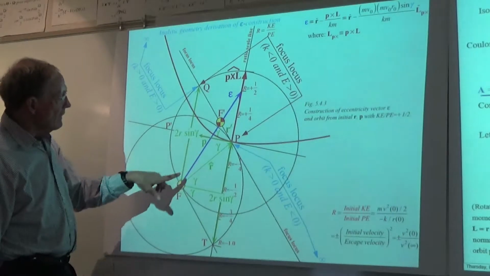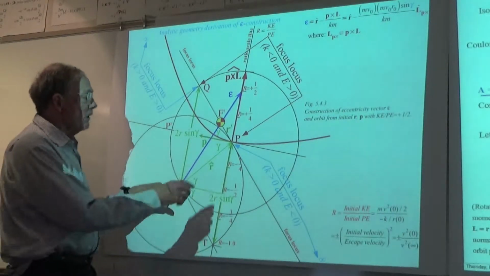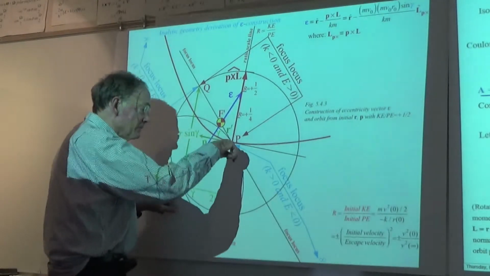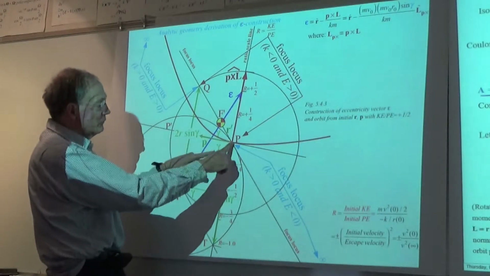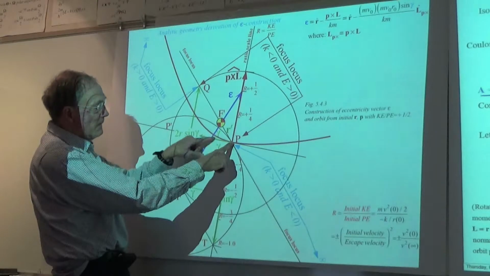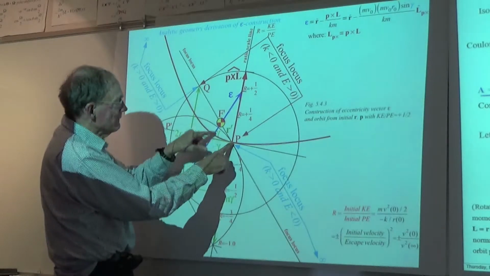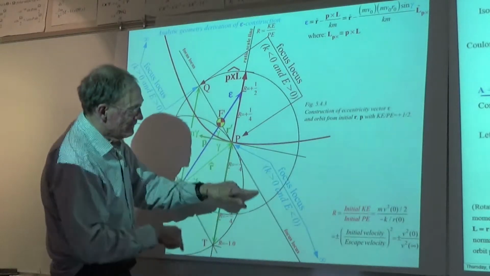Let's just look at what we did. First of all, we define an initial point, which is right here. We define a direction. That means we set the gamma angle. We copy the gamma angle out to get the focus locus.